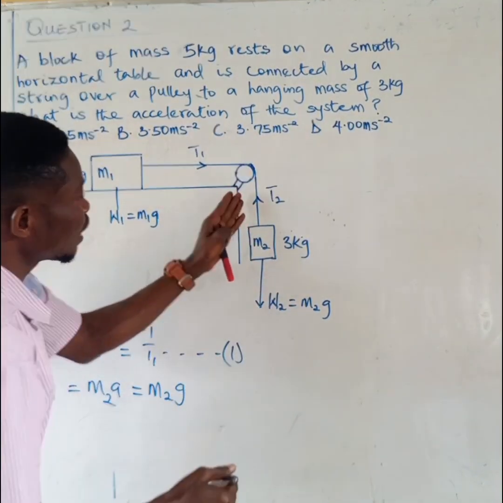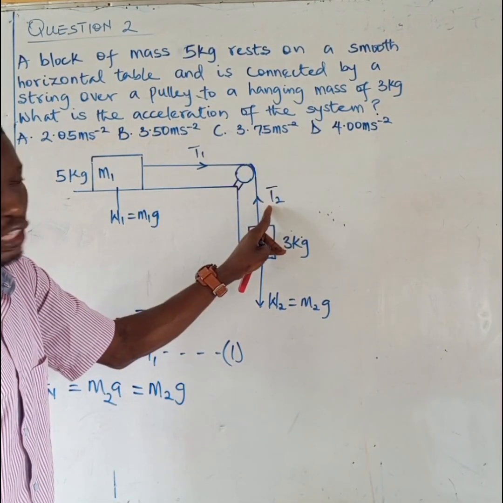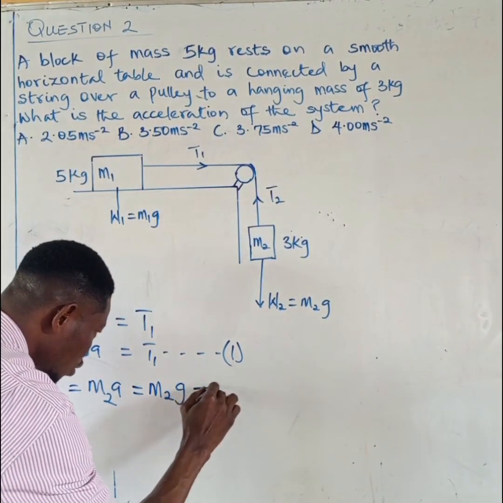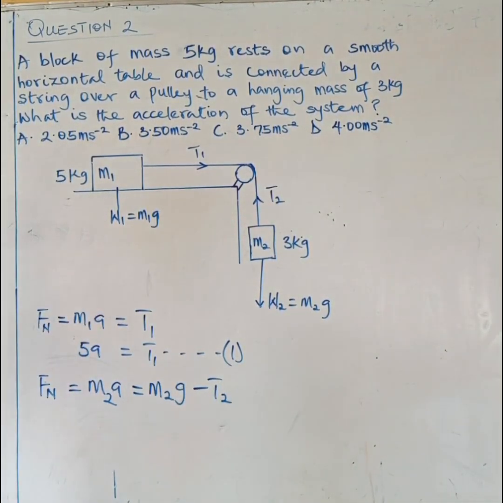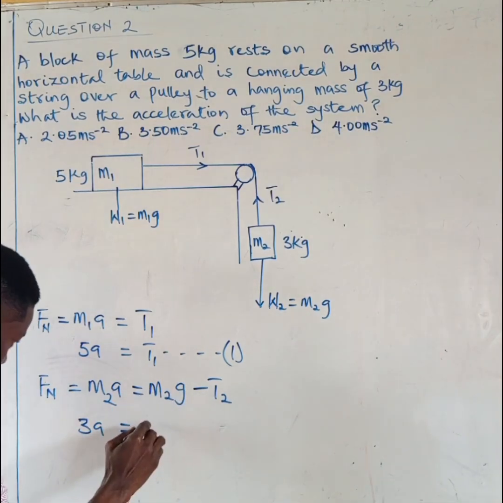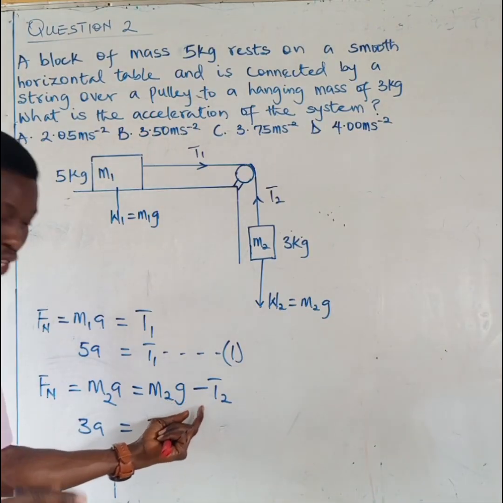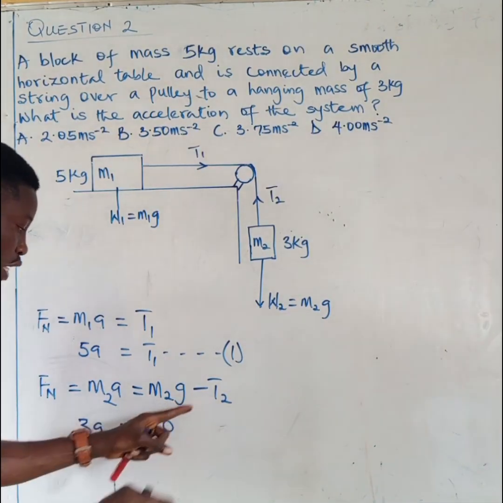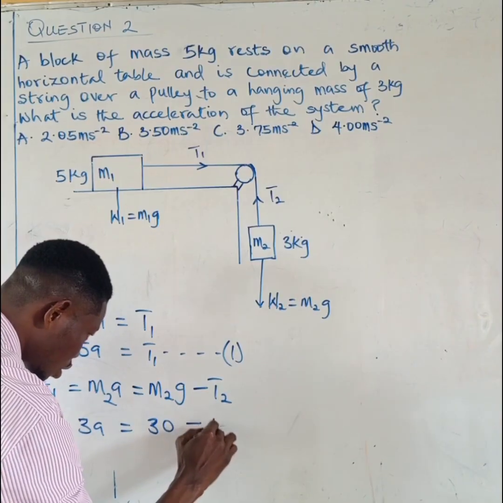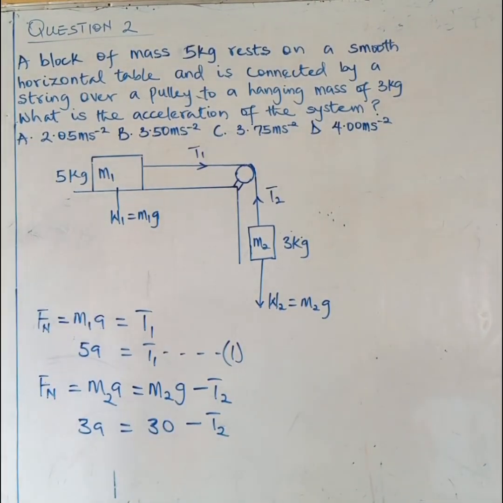The motion is against the direction of T2, so we have minus T2. When we substitute, we have 3A is equal to 30, assuming that G is 10 meters per second squared. So we have 3 times 10, that gives us 30, minus T2.